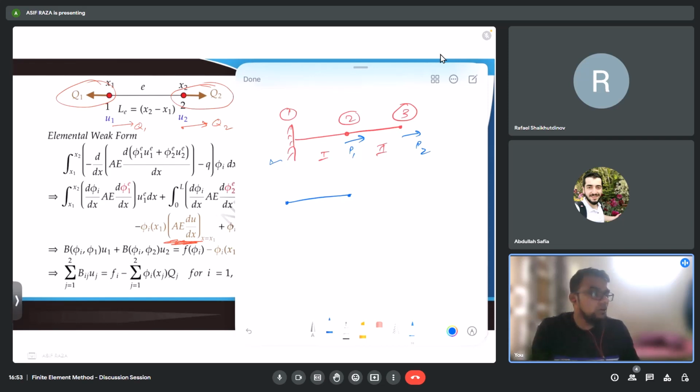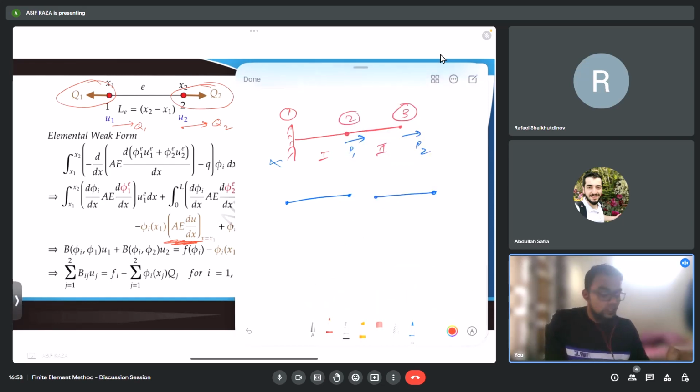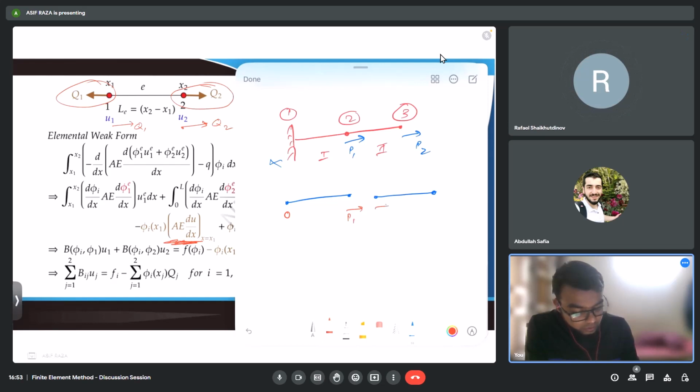When we are freeing that body, if I draw all the elements and only the external forces, here there was no external force, here there was P1, and here there was P2. But when we divide P1 into both elements, it will be P1 by 2, P1 by 2. We divide it equally if the elements have the same length and materials.